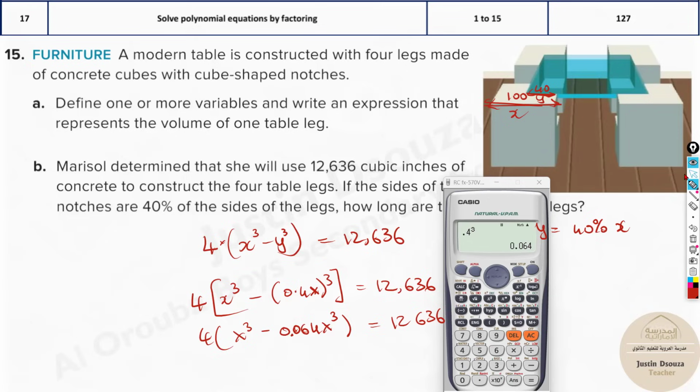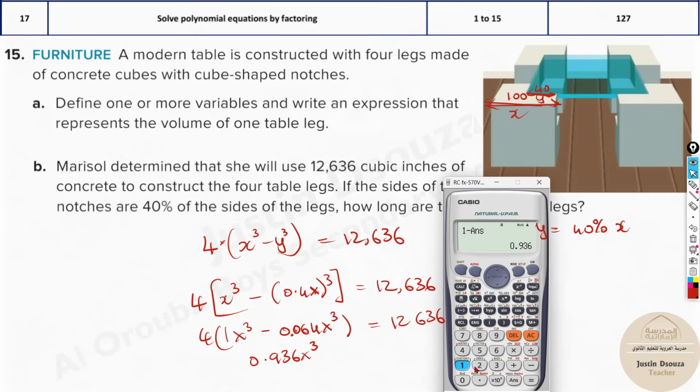Now what I will do is 1 minus 0.064. So 1 minus this is 0.936, right? So x cubed minus 0.064 x cubed is basically 0.936 x cubed.